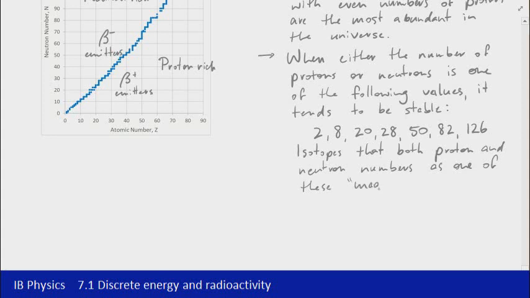So we're calling these magic numbers just to identify that there's something about them. So these ones tend to be highly stable and also tend to be very abundant in the universe.